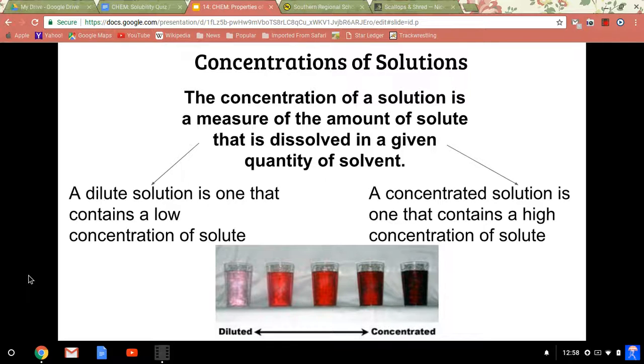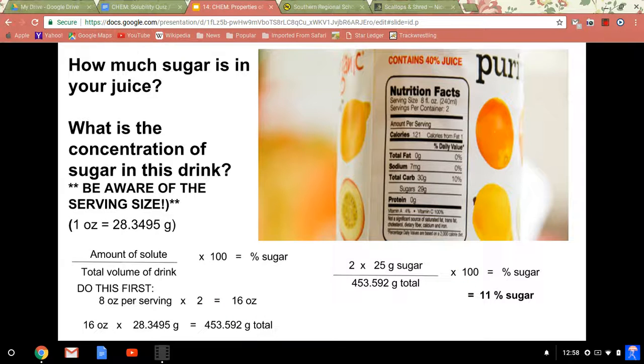The percent concentration of Kool-Aid versus water would not be a big number, and that is considered to be diluted. On the other hand, on the right-hand side, we have a very dark red, a very, very strong Kool-Aid drink. So it would have a very high percentage of Kool-Aid to water, so it would be considered very concentrated, or a very high concentration of Kool-Aid in that drink.